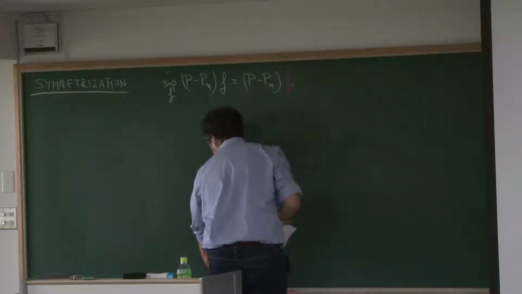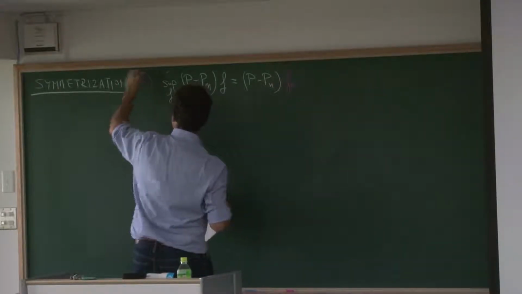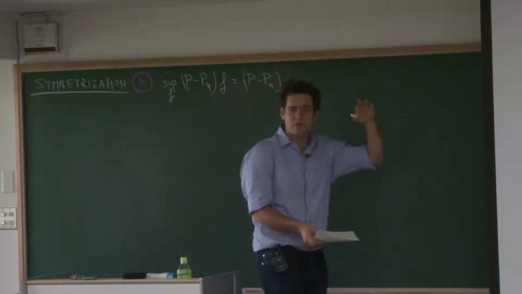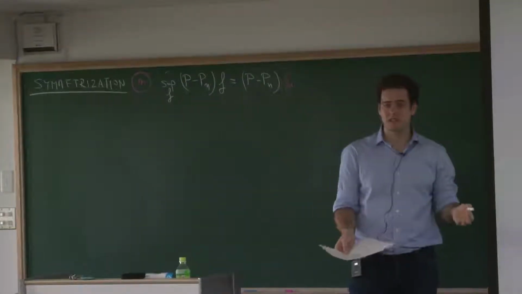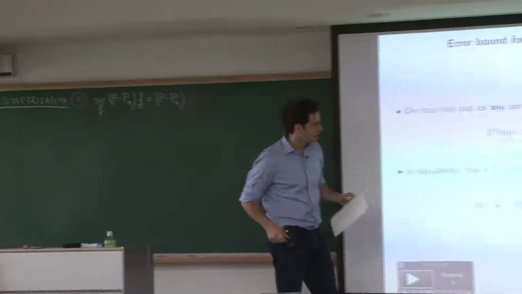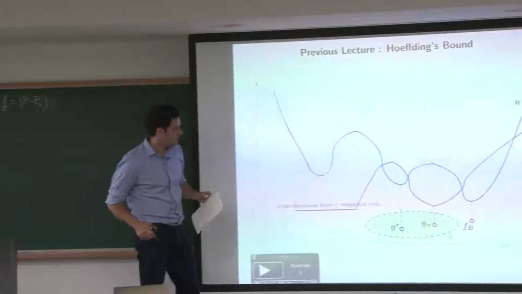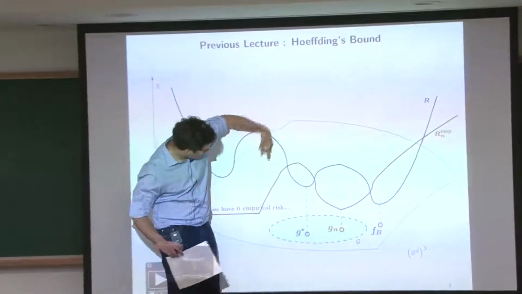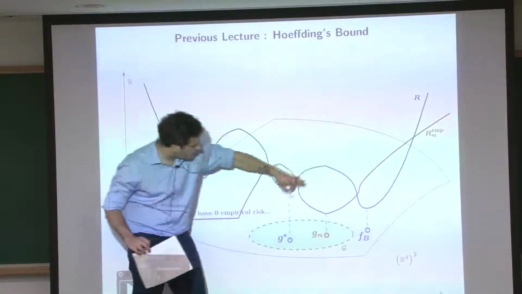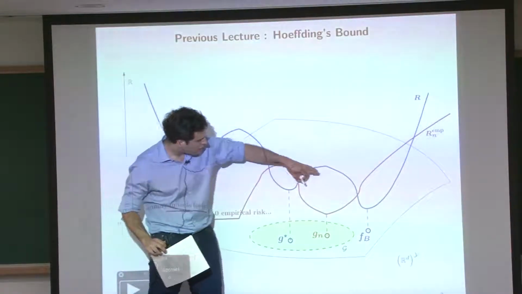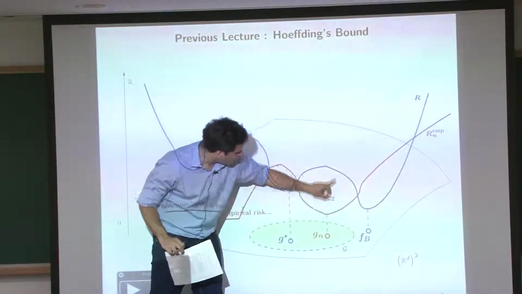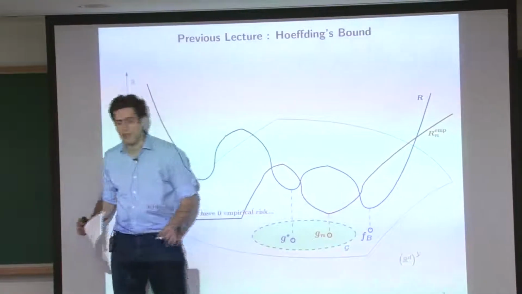So for one sample of size n, I can compute the function for which the gap between the true risk and the empirical risk is maximal. This is like starting from here and here and scanning within those elements for which point the difference between the blue curve and the red curve is maximal. So I call this Fn.